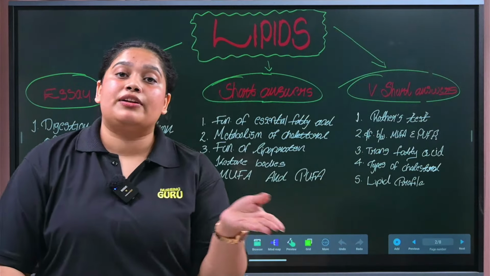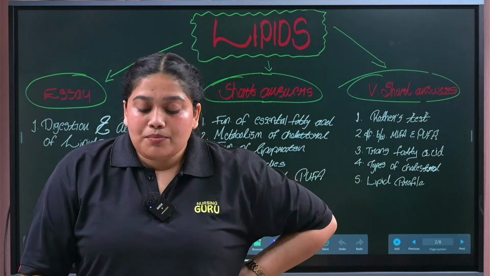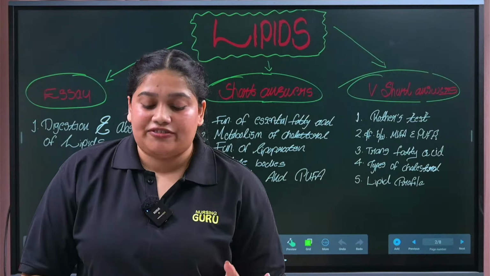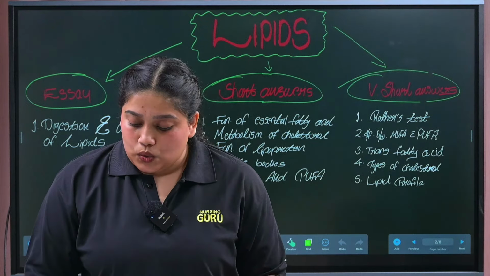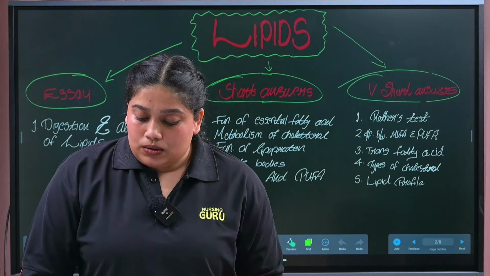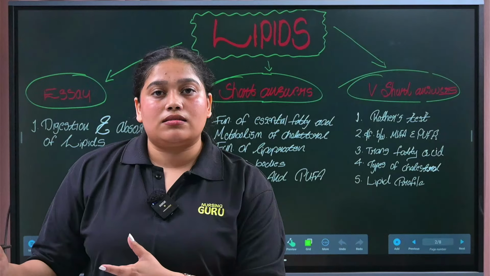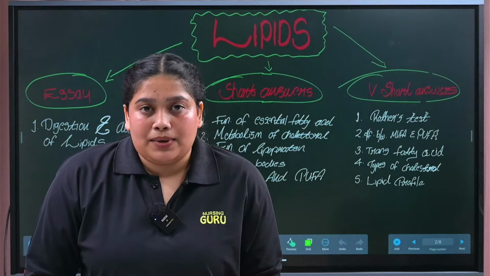What is the difference between MUFA and PUFA? Mainly in monounsaturated fatty acid, this is a healthy fat. Mainly we can see it in nuts, natural foods, seeds, olive and avocado. So mainly from these sources the monounsaturated fatty acid is present.